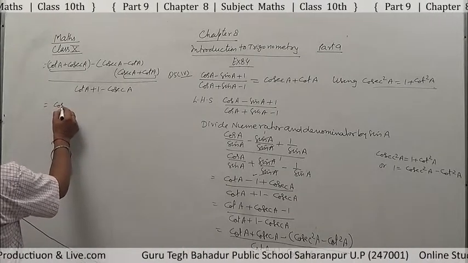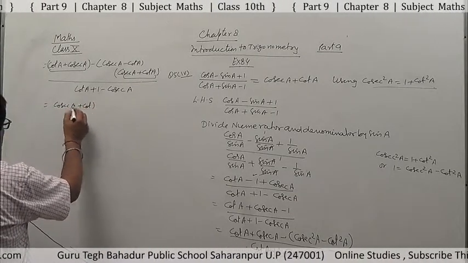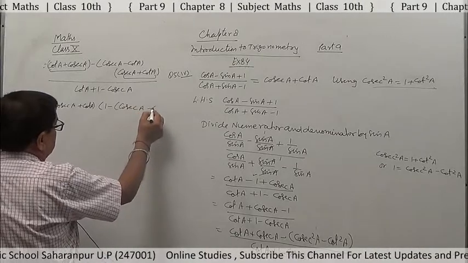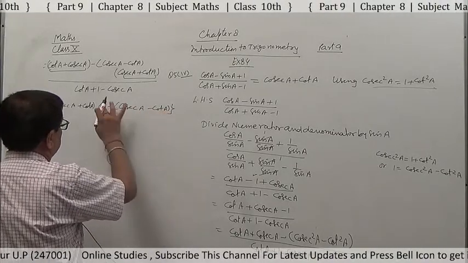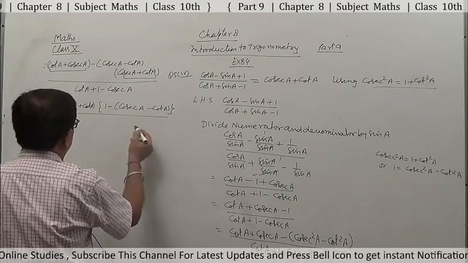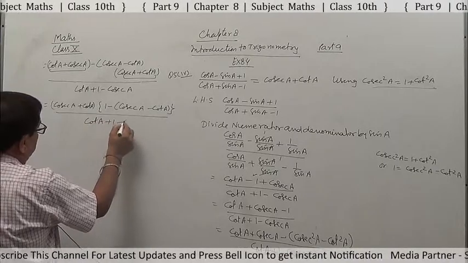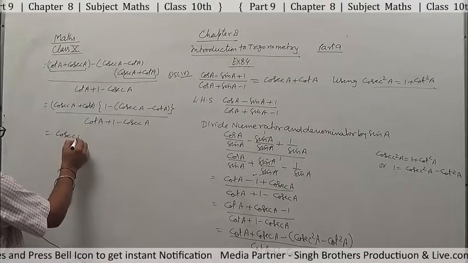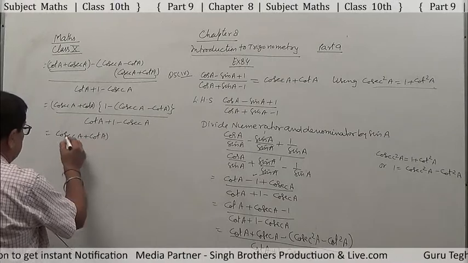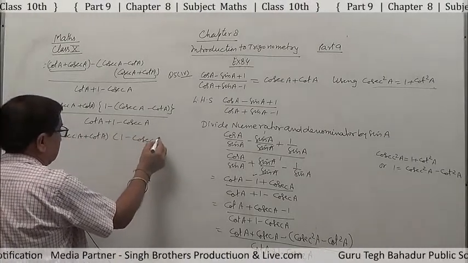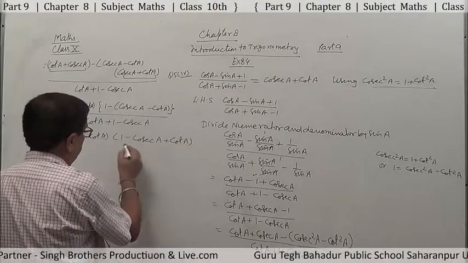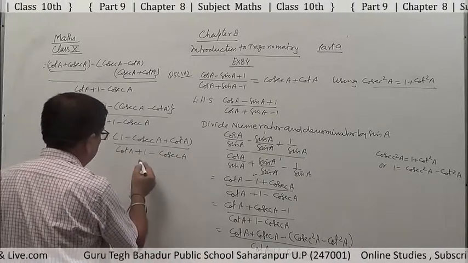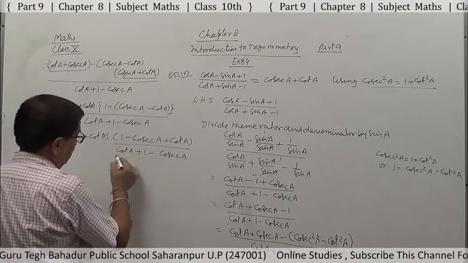So it will be cosec A plus cot A common, and 1 minus cosec A minus cot A upon cot A plus 1 minus cosec A. So this value 1 minus cosec A plus cot A cancels.